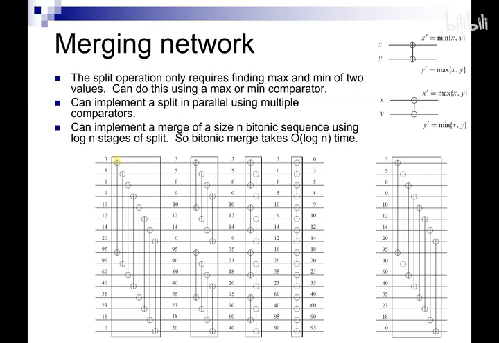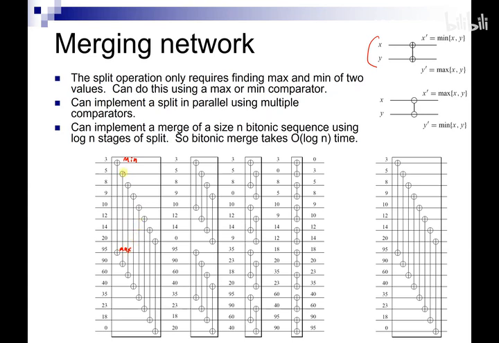So we match those values, and then we want to put the min on top and the max on the bottom. Now we're going to use these little plus circuits to do that. So 3 and 95 get matched, and the min value goes over here and the max value goes over here.